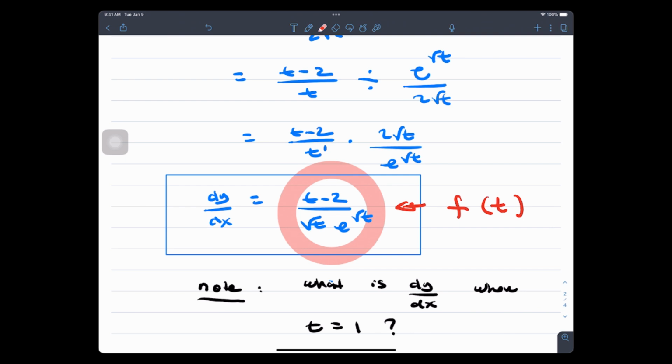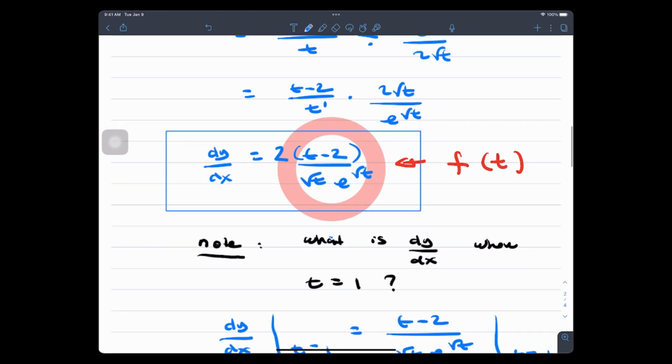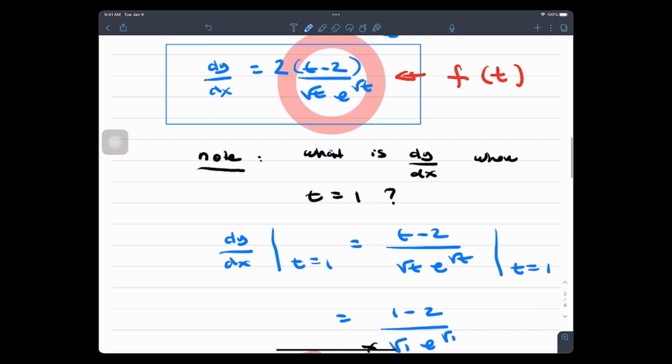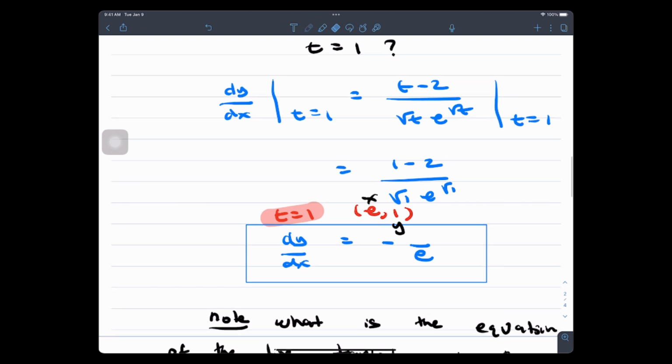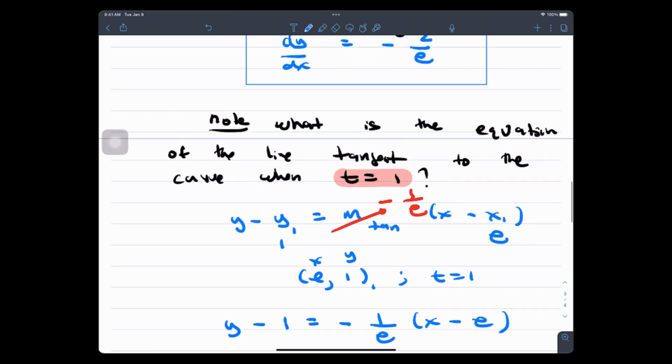Here it is. Is that 2? I think there's a 2 there, right? And so when t is 1, that's negative 2 over e. Thank you. Okay. And so that's negative 2 over e.